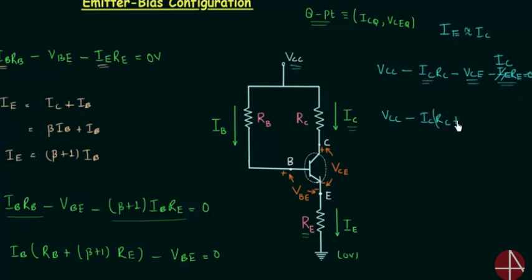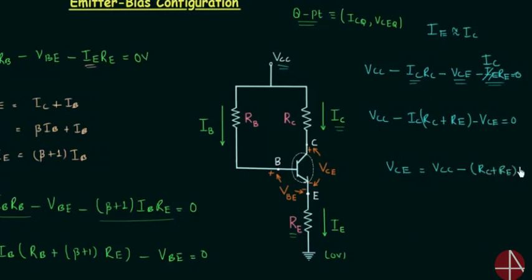Inside the bracket we have RC plus RE, minus VCE equal to 0, and finally we have VCE equal to VCC minus, inside the bracket, RC plus RE multiplied with the collector current IC. So this is the expression of the voltage VCE.